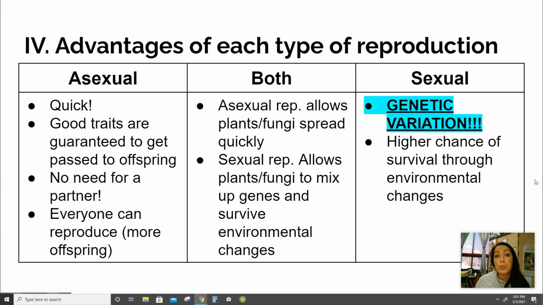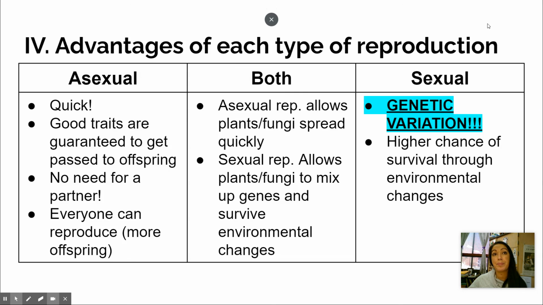In a sexually reproducing organism where you have variety, there's a chance that some members of that species may have the right traits to survive an environmental change. So you will more than likely see that species surviving those environmental changes and passing down those helpful traits to their offspring.